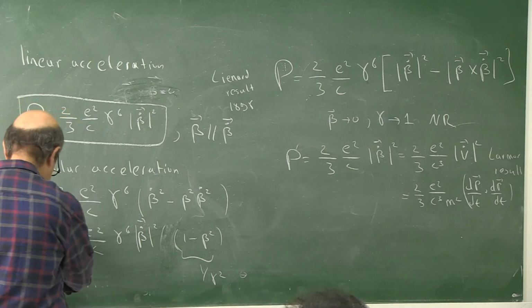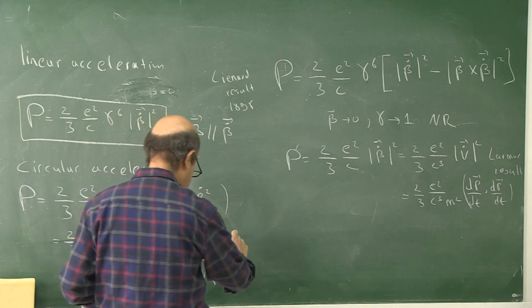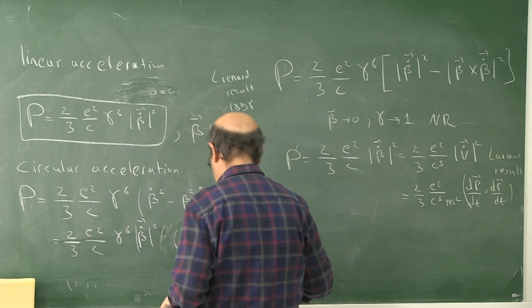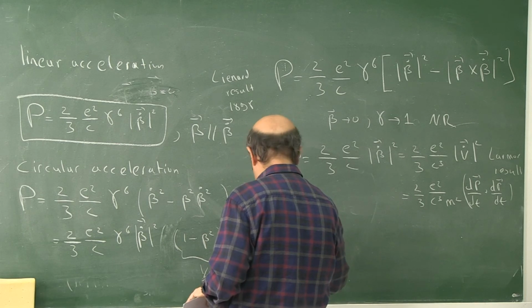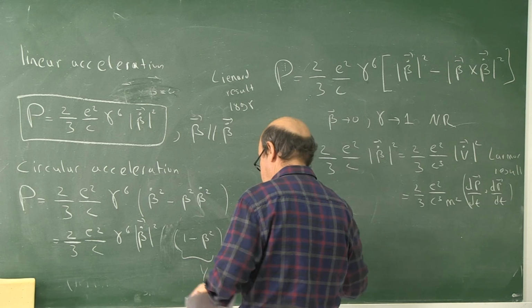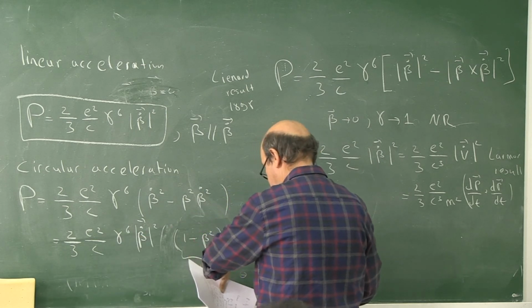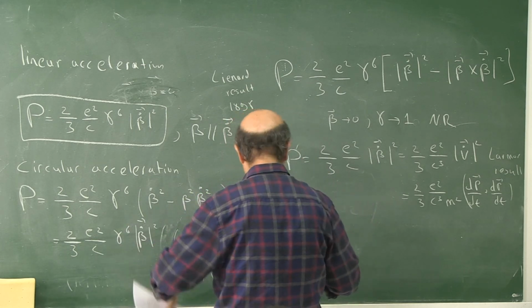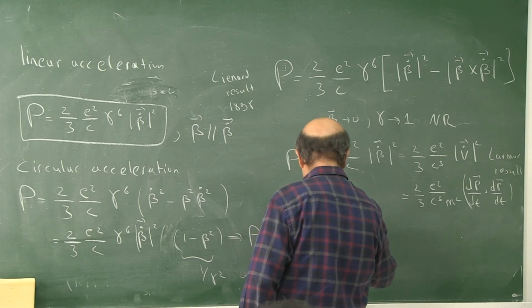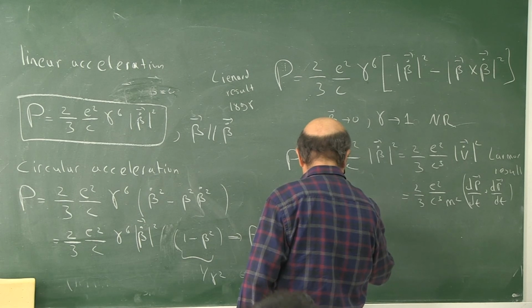That means that the power seems to be reduced by a factor if there is a constant acceleration. But this is a little bit misleading. This is 1 over gamma square, this is gamma to the 6, and you will obtain gamma to the 4 beta dot square.